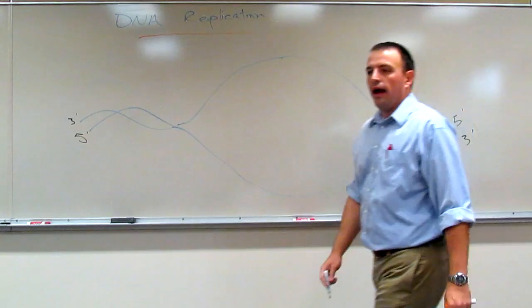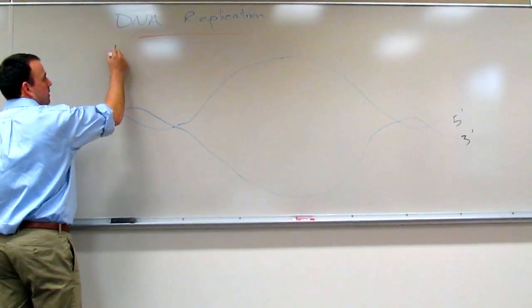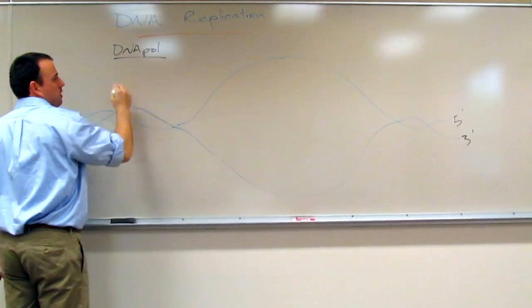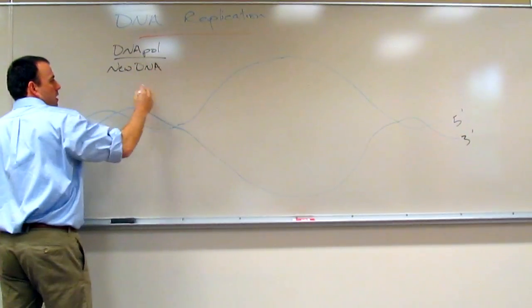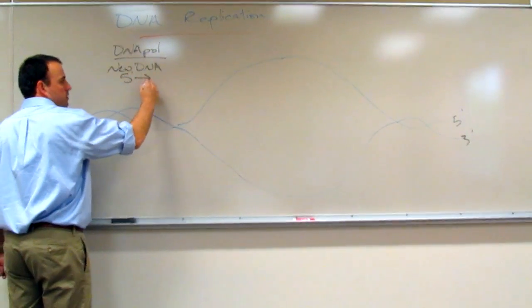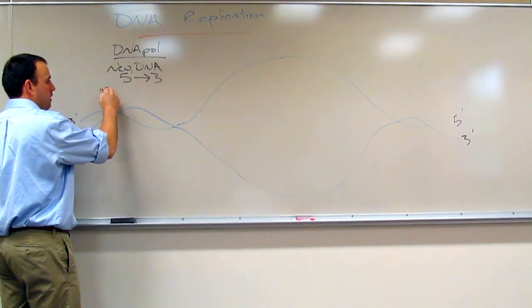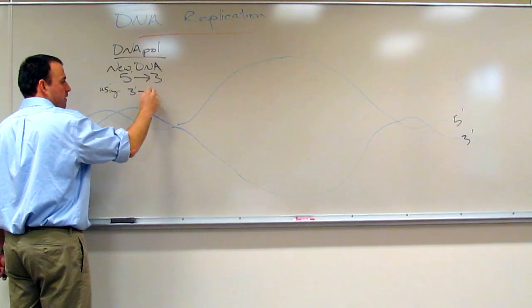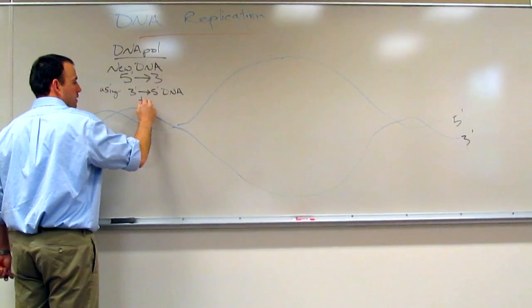One key about DNA replication is DNA polymerase writes new DNA in a 5' to 3' direction using a 3' to 5' DNA template.